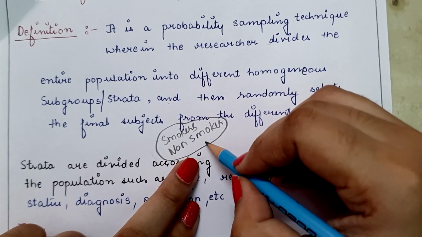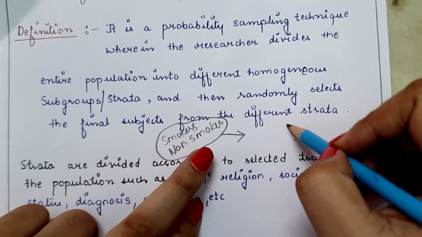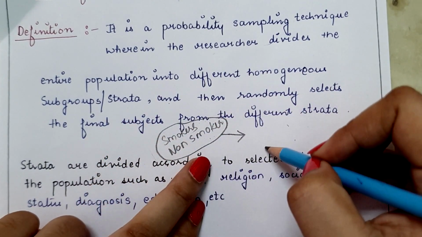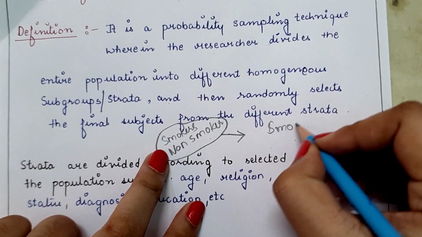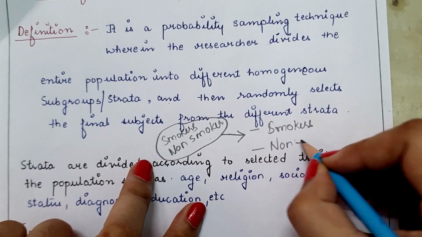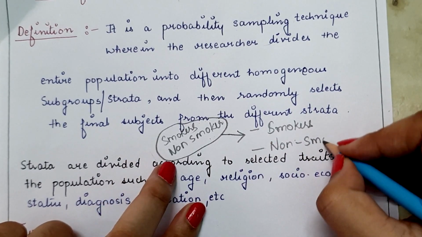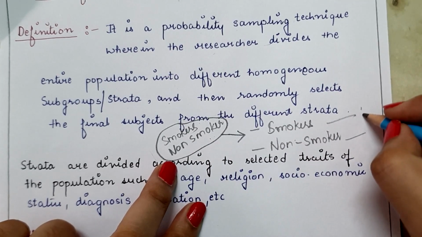According to this type, first of all, the population is divided into homogeneous groups, that is smokers and non-smokers. So these are two homogeneous groups from which the final subjects are selected.